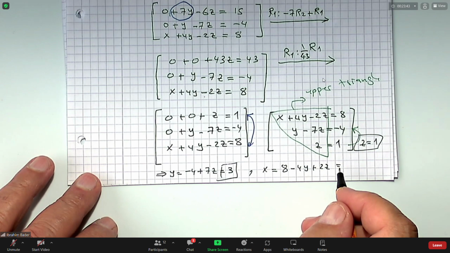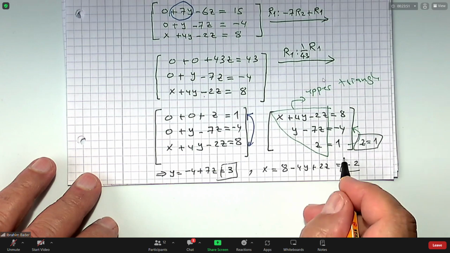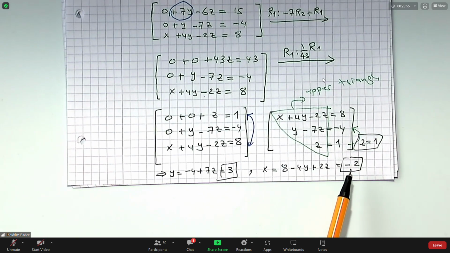And 10 minus 12 is negative 2. Negative 2. Okay, so x equals negative 2, y equals 3, and z equals 1 are the solution.